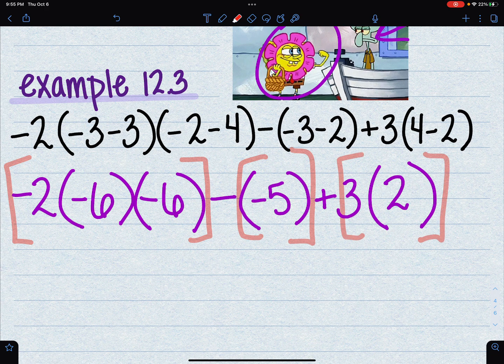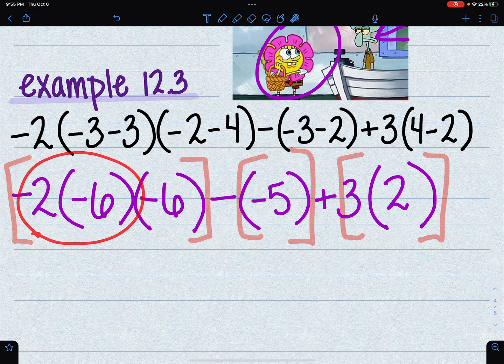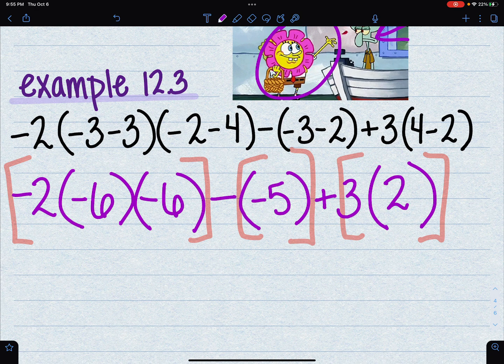Remember how we were doing those types of problems before? So let's start with the first one. Let's simplify that. -2 times -6, that takes you to +12. 12 times 6 is 72, but that's a negative, so it's going to be -72 right there.